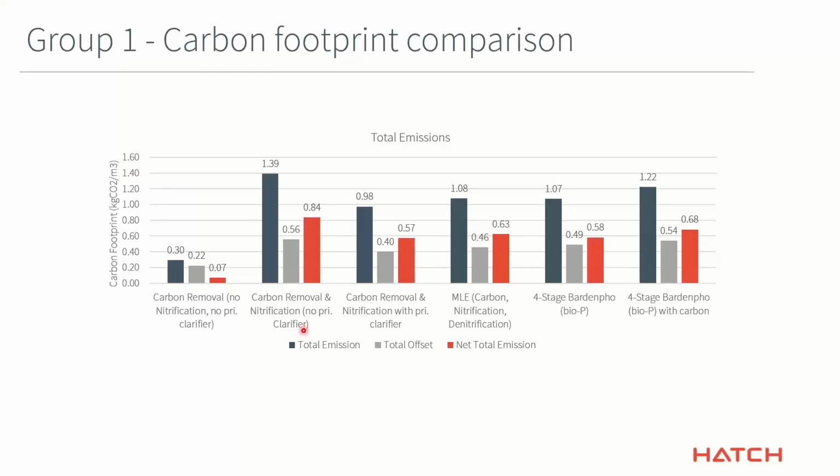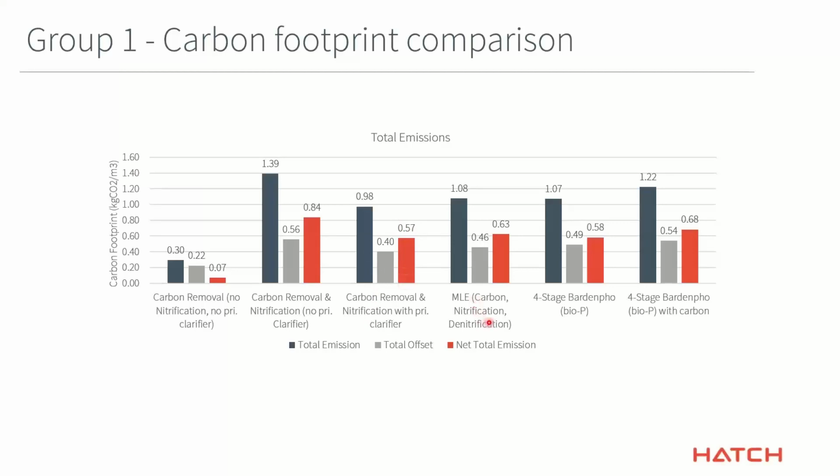We also need to run our system at a higher SRT, and that increases our aeration demand as well. Then in this case, it reduces because we are removing part of the nitrogen and part of the carbon in the primary clarifier. Actually, having a primary clarifier and diverting all of that carbon to the anaerobic digester could provide a good benefit.